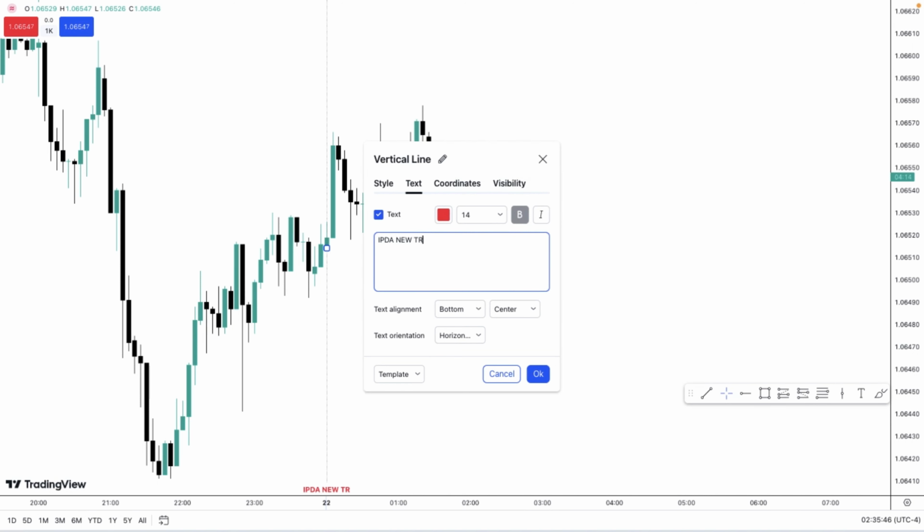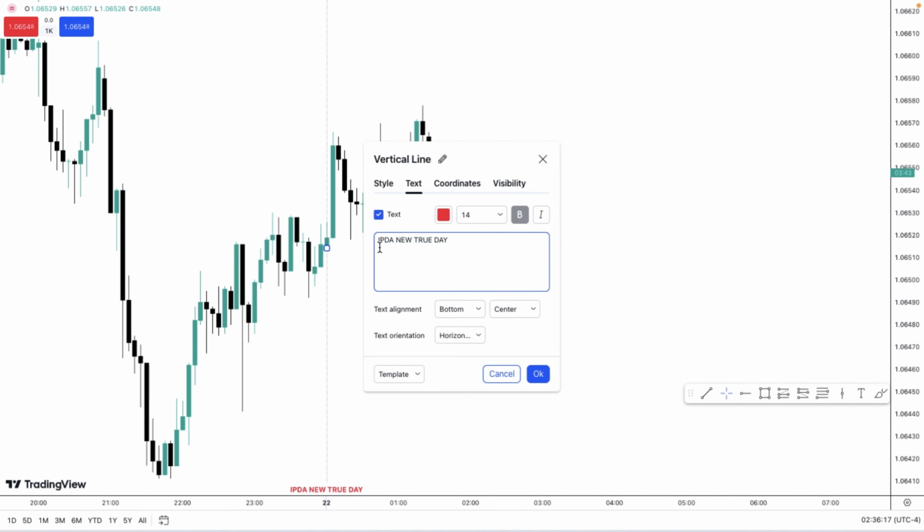new true day. What does this mean? The IPTA, I forgot what the I stands for, but I think it's the... The IPTA is basically the name of the algorithm that moves price. Now, if you're new to this concept, what I just said sounds like it's from a movie.